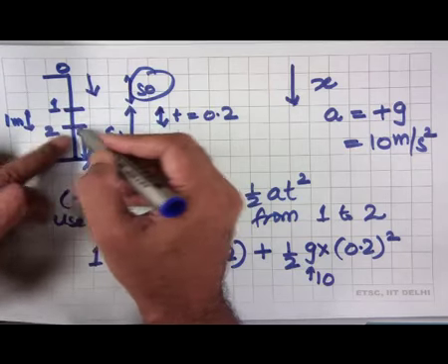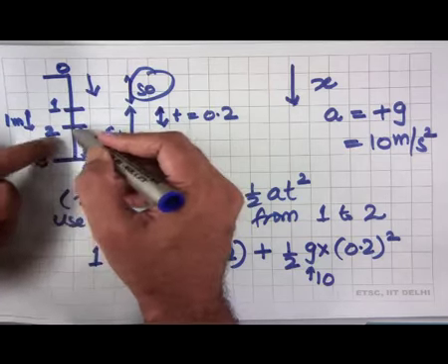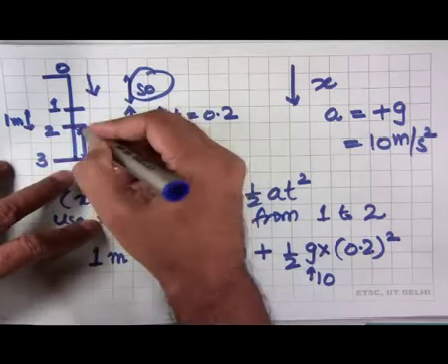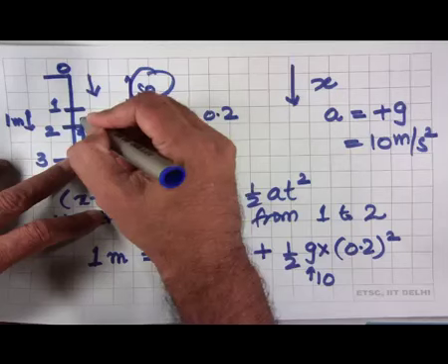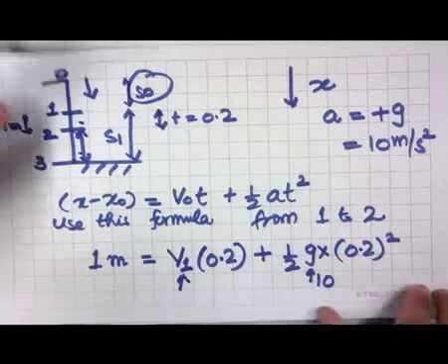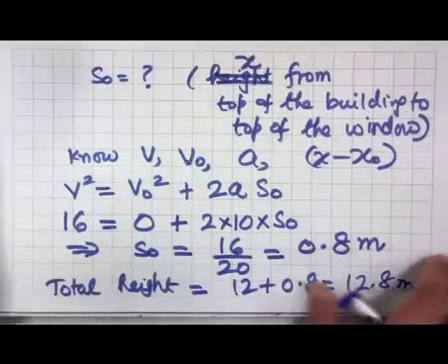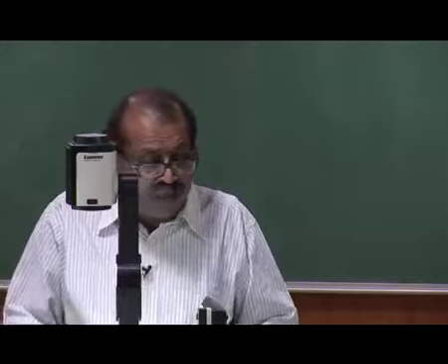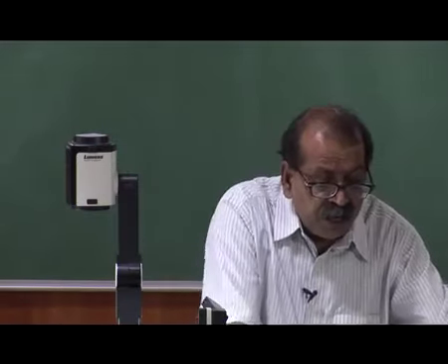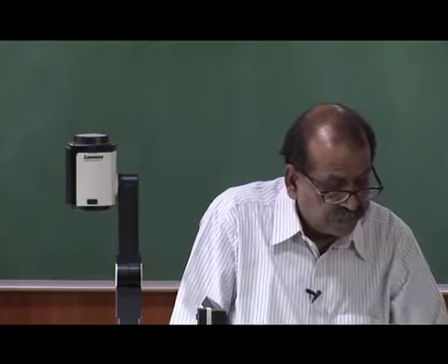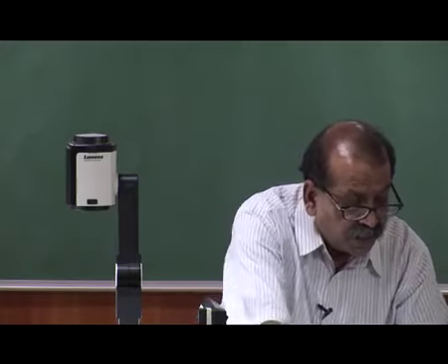So, we could have used this to find V2, and from V2 could have gone to ground, found this remaining distance, added that to the height of the window, and to that added S0. And so, there could be more than one ways in which the same problem can be solved. What you have to look at is how do you optimize the variables and try to solve the problem in minimum number of steps. Let us now look at another problem.